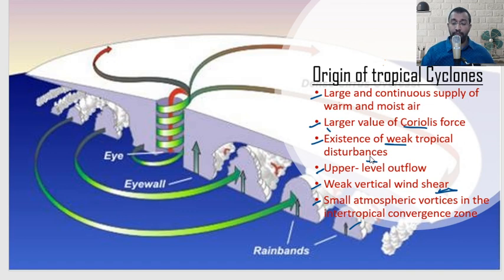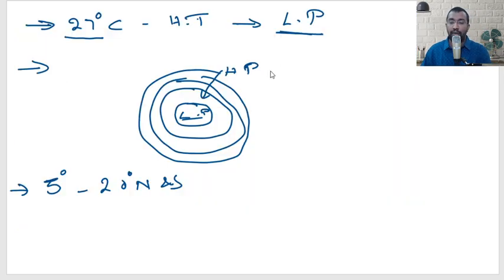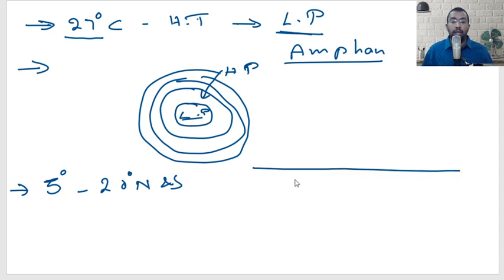Now moving further, in this present context, let's talk about the cyclonic event which is now occurring, called Amphan. What is happening? During this period of time, the intertropical convergence zone is not across your equator, and it has moved towards the north, somewhere between the latitudes of 10 and 18 degrees north.